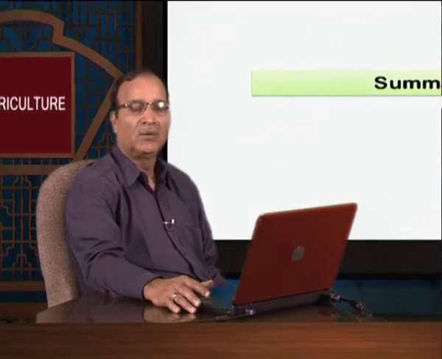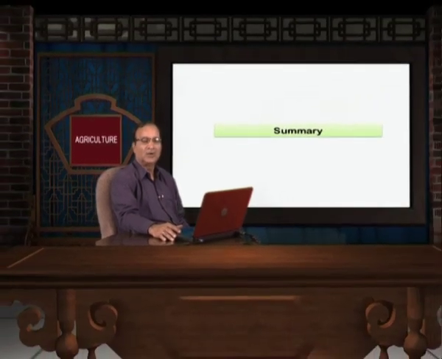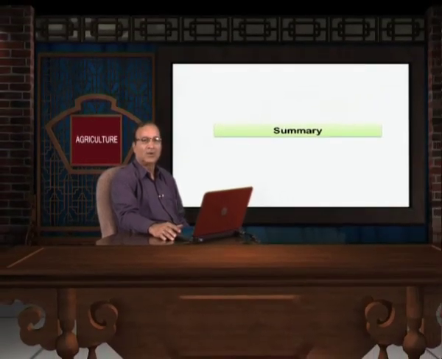In the order Isoptera, we have discussed the characters of the order in detail, and one important family, Termitidae. We have also seen the diagrams and the different stages of the life cycle, and discussed their social behavior.